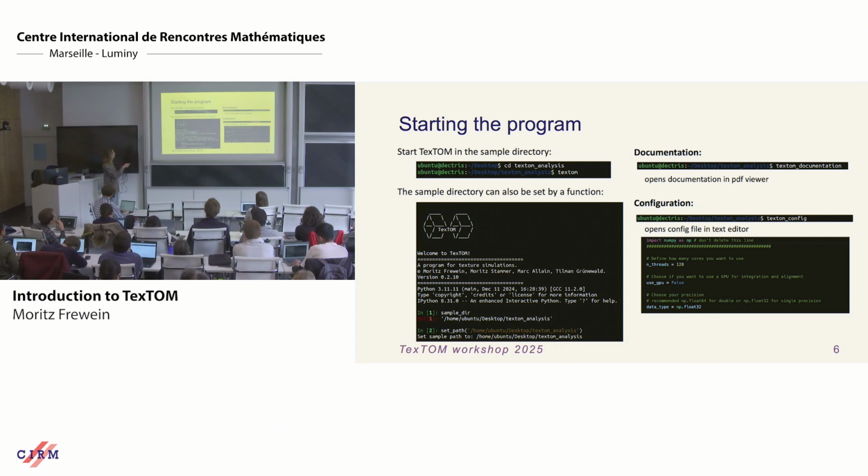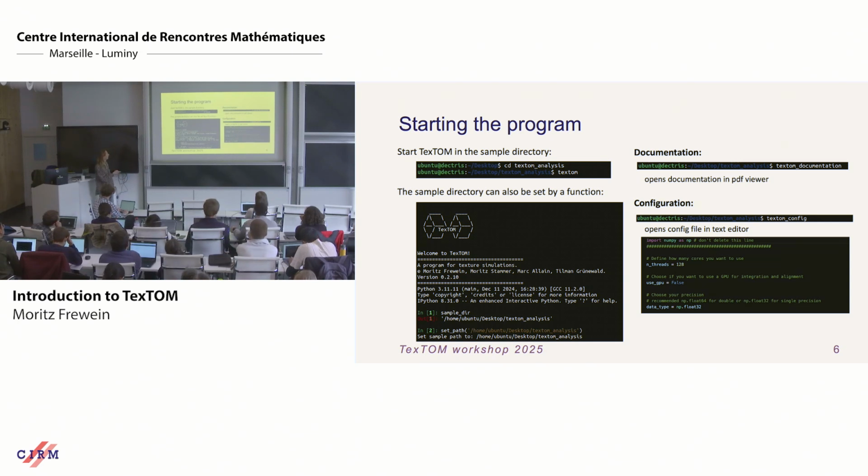The idea is to change the folder in your terminal to the folder where you want to have your data and all the analysis stored. Then you start TexTOM there, and it will start the program. You can also set the path individually. This is all documented here.